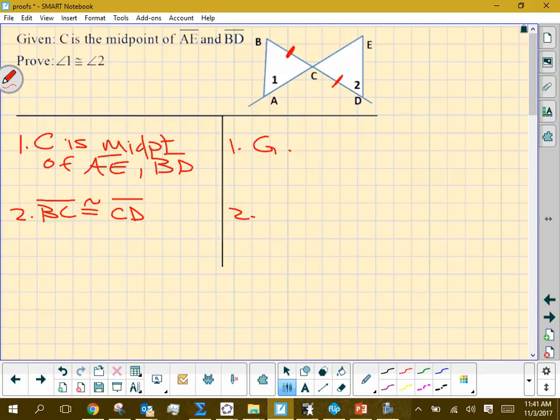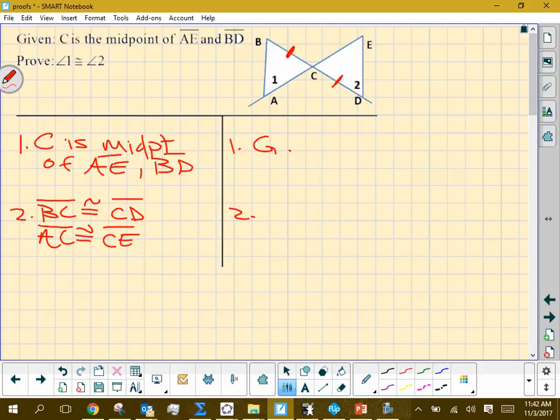Now you can flip-flop those names. You can call it CB, you can call it DC. You can say BC is congruent to DC, or CB is congruent to CD, whatever. I like to name it this way because I see the C in the middle, so it reminds me that C was the midpoint. You don't have to do it that way, but it is useful. We got AC equals CE. AC is also congruent to CE.